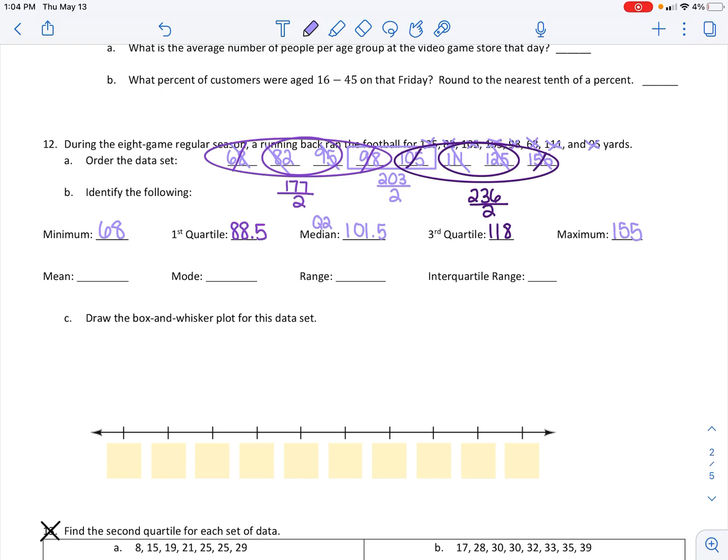And that gives me 839. Then I have to divide that by the 8 different data points that we have. If I divide that by 8, I get 104.875.